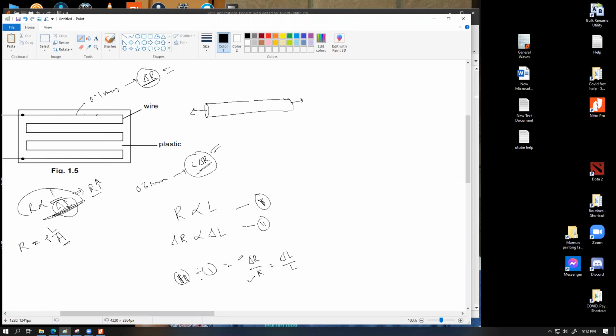We can measure the delta R by measuring the voltage and the current that flows through this device. So this delta R has to be measured precisely. We know the actual length of this thing, which means the delta L can be known as well. Or even if we don't bother to know this, we can measure the delta L by L ratio altogether. If we measure the delta R, we can very precisely measure the delta L by L, this whole ratio. And if you remember from your elasticity chapter, this ratio is what we call strain.